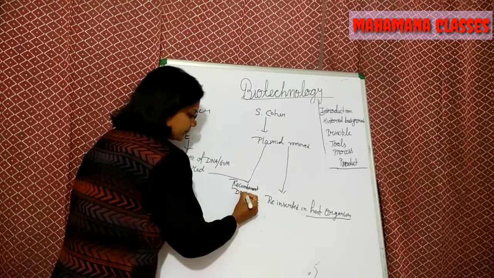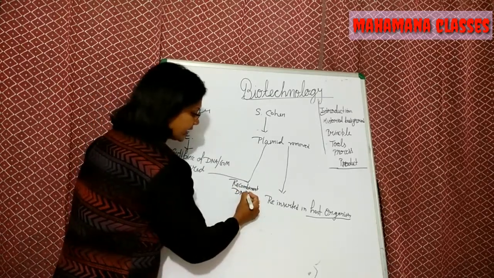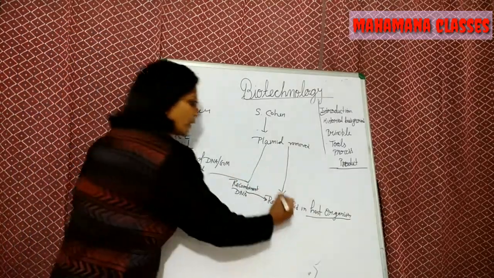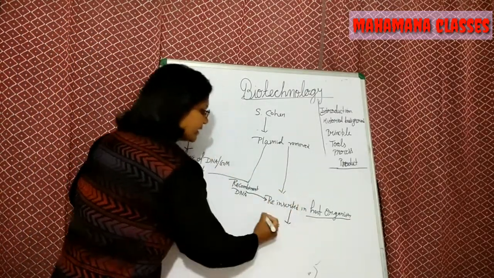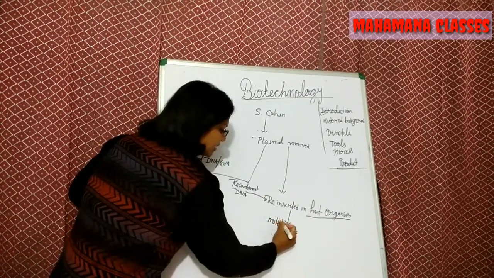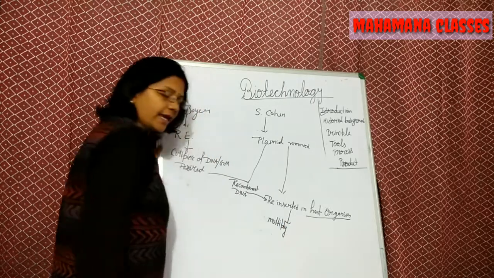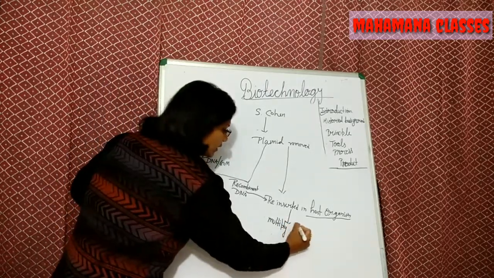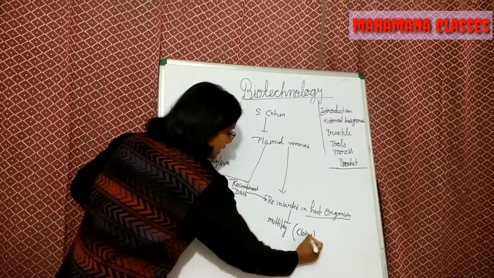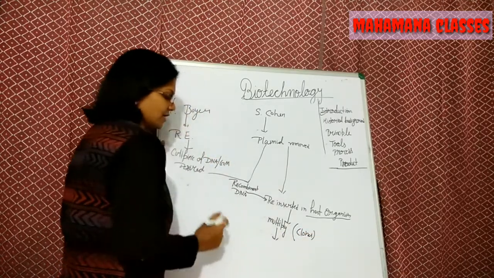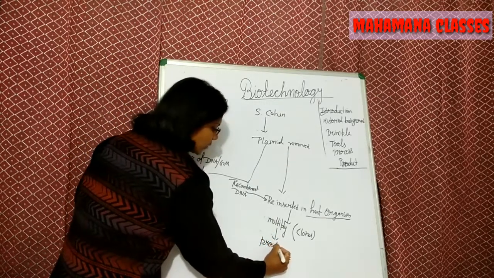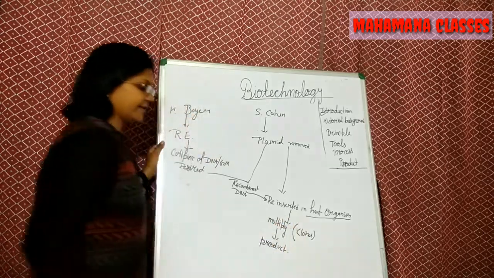This recombinant DNA is inserted into the host organism, where it will multiply and form clones, and through its multiplication we get the product of our interest.